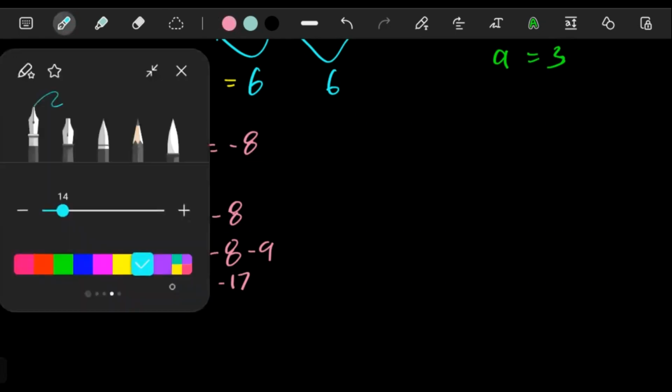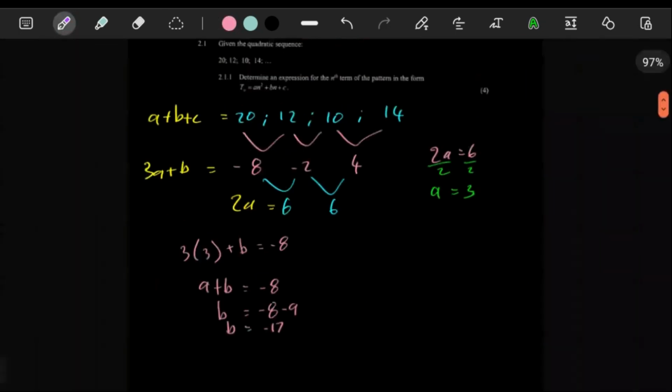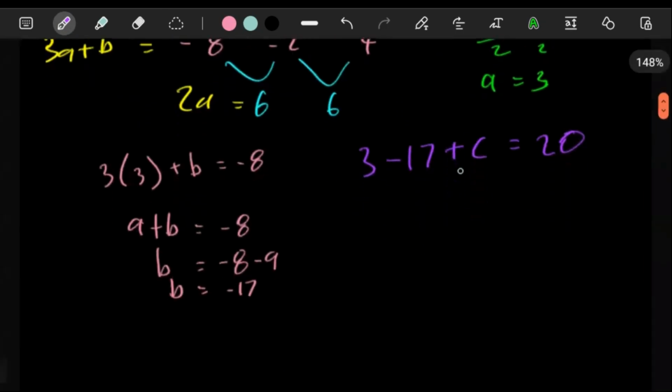So moving onwards, we are going to have a plus b plus c equal to 20. So a here is 3. B is negative 17. C is just c because we're working it out. Solving for c here, the 17 can go to the other side, and then the 3 also goes.